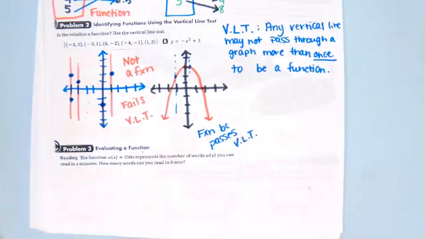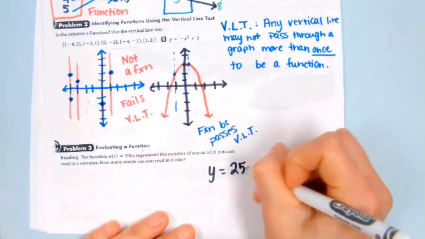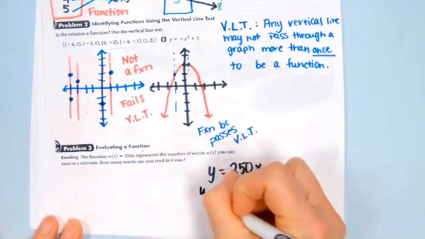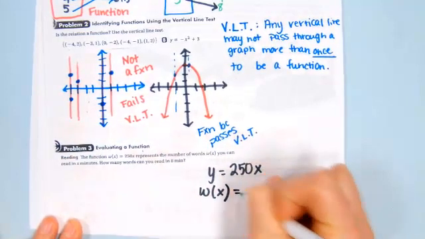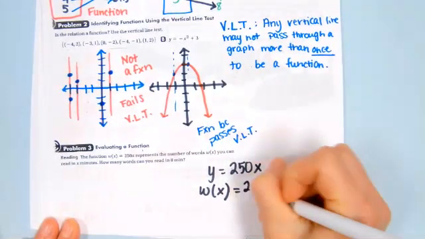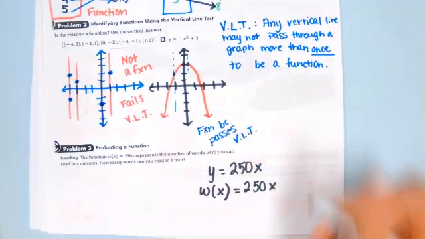We're used to it looking like y equals 250x. In function format, w of x is saying that in this function we can get 250 words in x minutes.